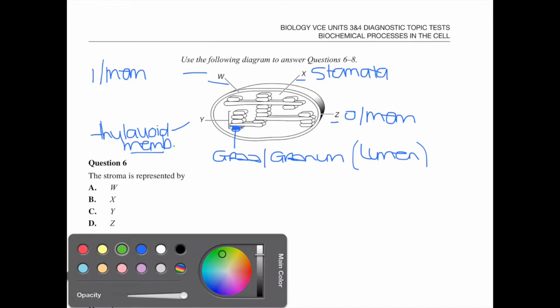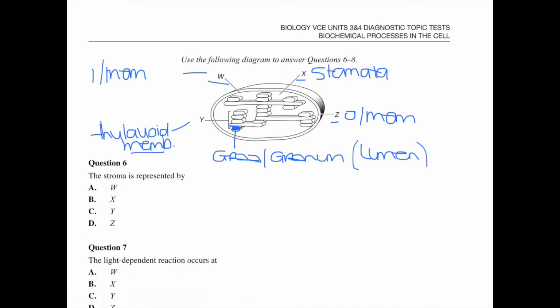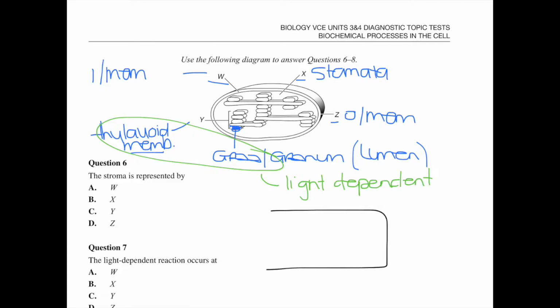Now you should also be able to tell me what stage is what. So here we've got the light dependent stage. Remember we had the membrane in our class activity and it looked something like this. So that's the chloroplast, and then we had the protein channels as well.